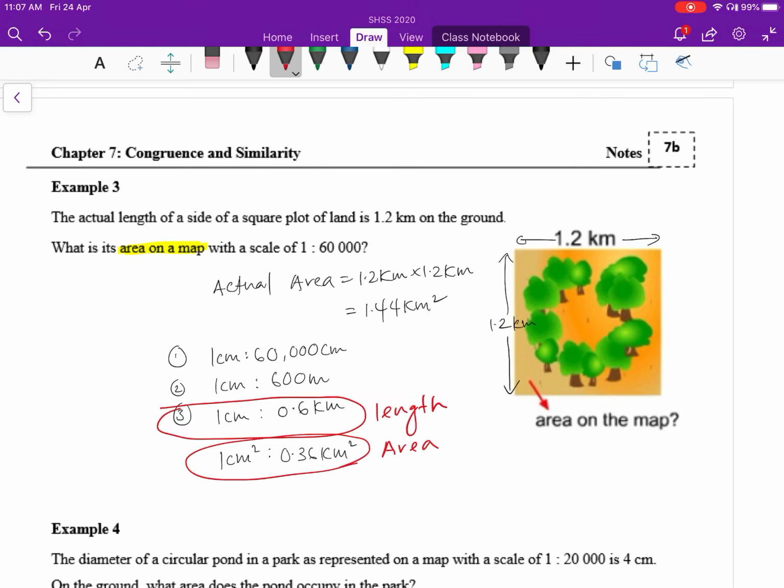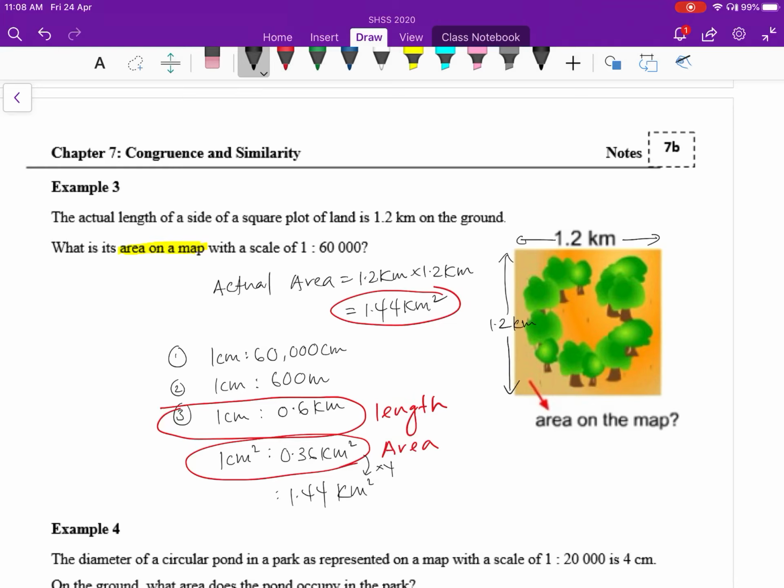Alright, if the actual area is 1.44 kilometers square, 1.44 kilometers square will be on the right side. I need to know what I need to multiply from 0.36 to get 1.44. So I take 1.44 divided by 0.36. I need to multiply by 4.